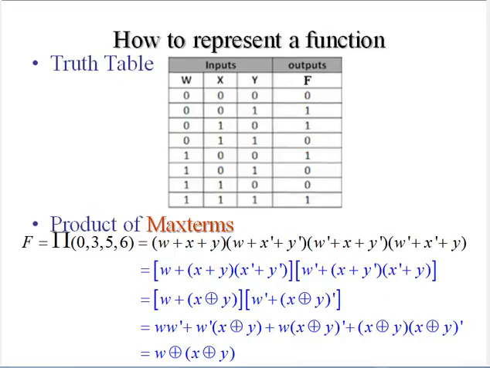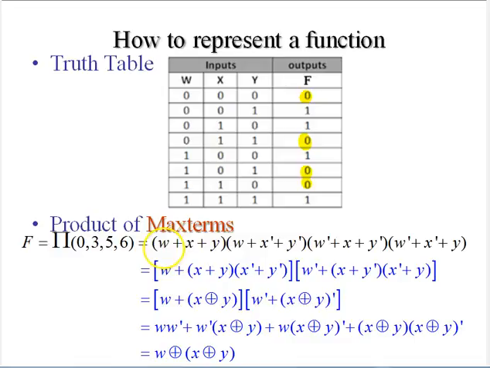We could also instead look at the product of max terms. For the product of max terms, we find each of the max terms where the function is equal to a 0. So we say, okay, this is a product of max term 0, max term 3, max term 5, and max term 6. And then we can expand each of those max terms.